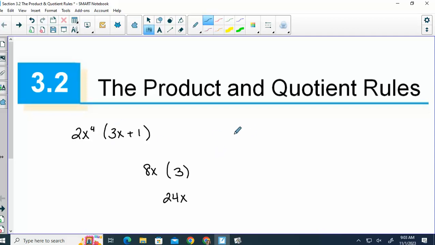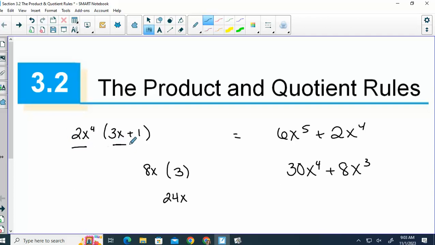If you multiplied it out first, we get 30x to the fourth plus 8x to the third when we do the derivative. So clearly those are very different things. So that's why when I keep telling you, you can't just do the derivative of each piece, that's why. It just doesn't work. You get a totally different answer rather than when you multiply everything out first.